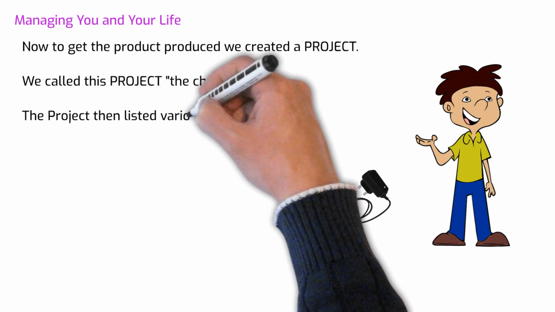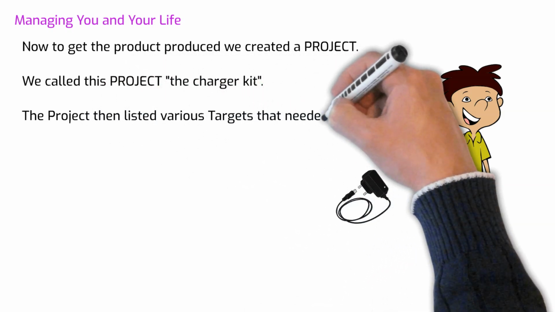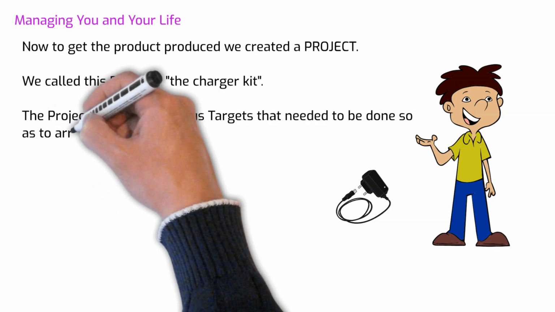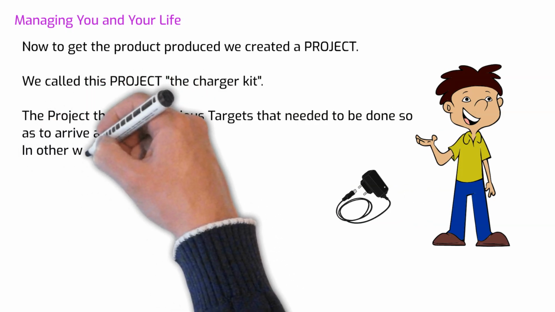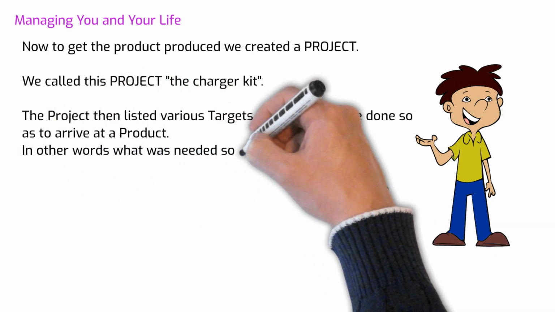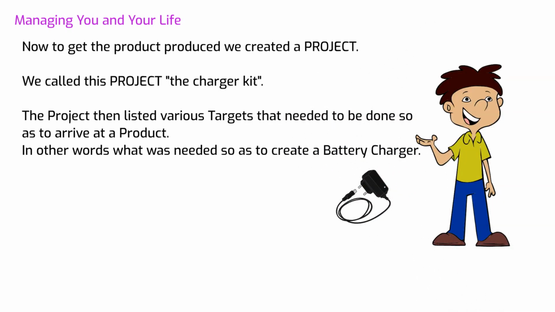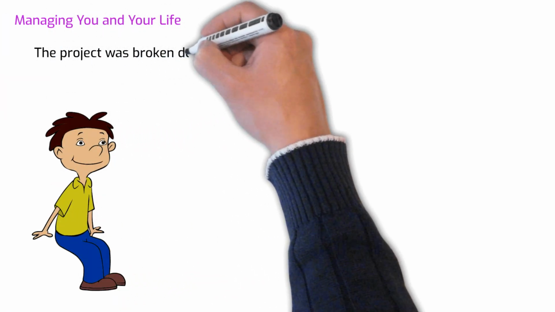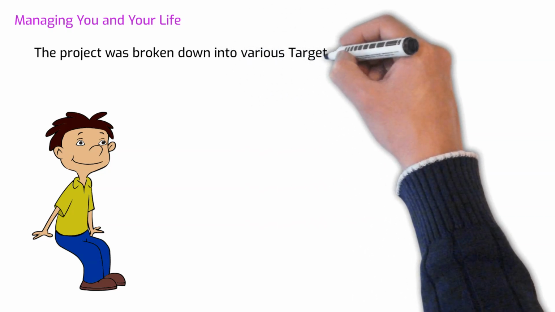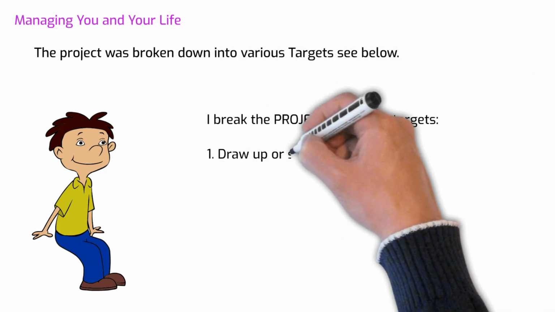The project then listed various targets that needed to be done so as to arrive at a product. In other words, what was needed so as to create a battery charger. The project was broken down into various targets. See below.